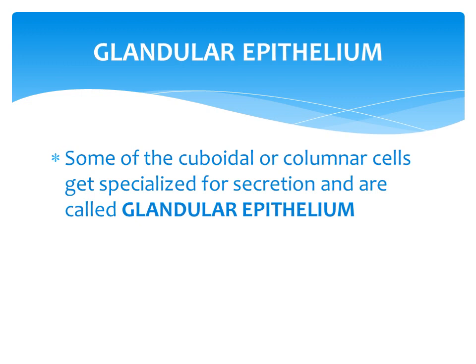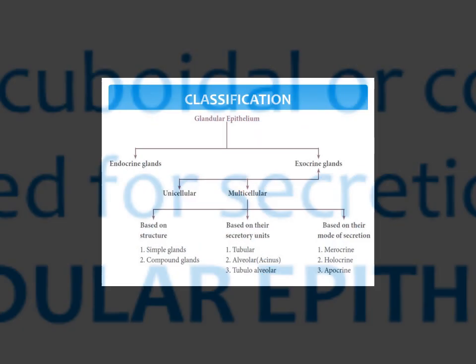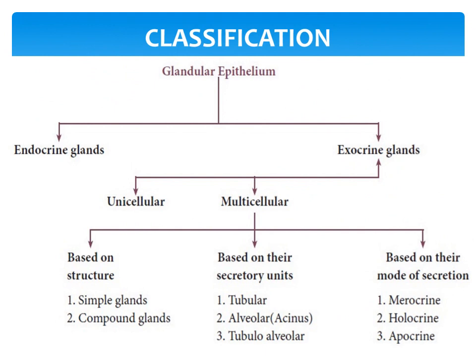Now let us look into the types of glandular epithelium. Classification. How could glandular epithelium be classified? It will be classified as either endocrine gland or exocrine gland. So there are 2 types, endocrine gland as well as exocrine gland.